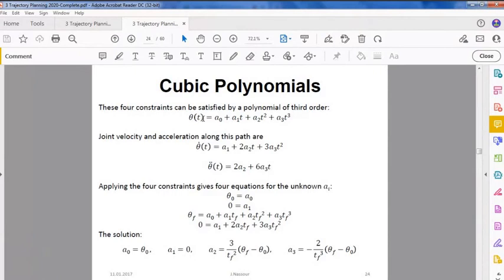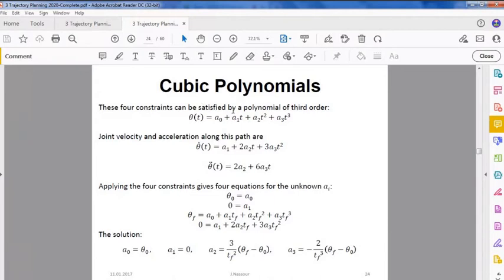So first we need to find A0, by using the position equation. This is position. Theta dot is velocity. Theta double dot is acceleration. So from the raw equation here, we can define already A0 equal to theta 0, A1 equal to 0. So how do we get A1 equal to 0?